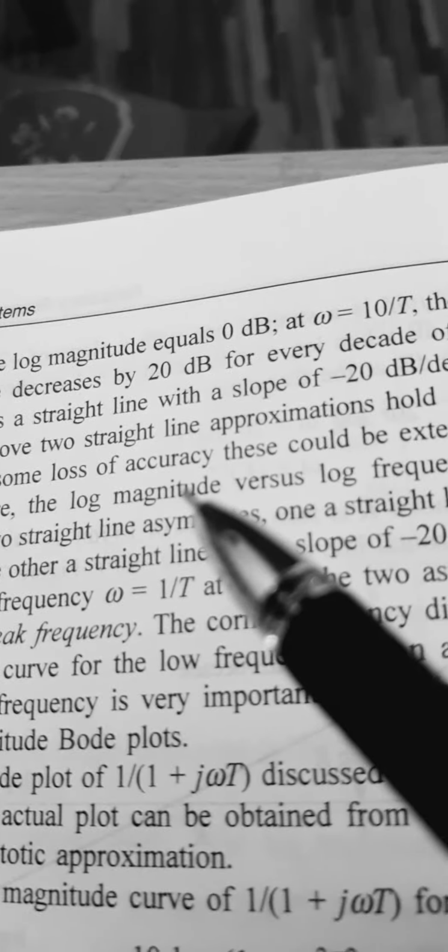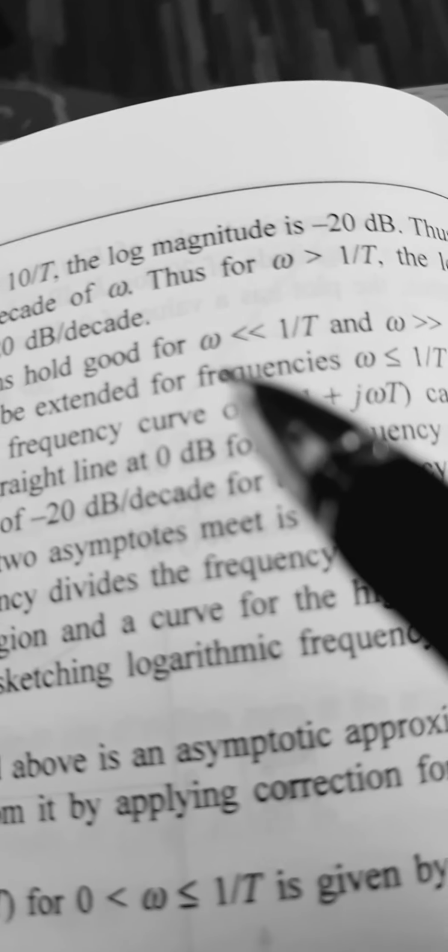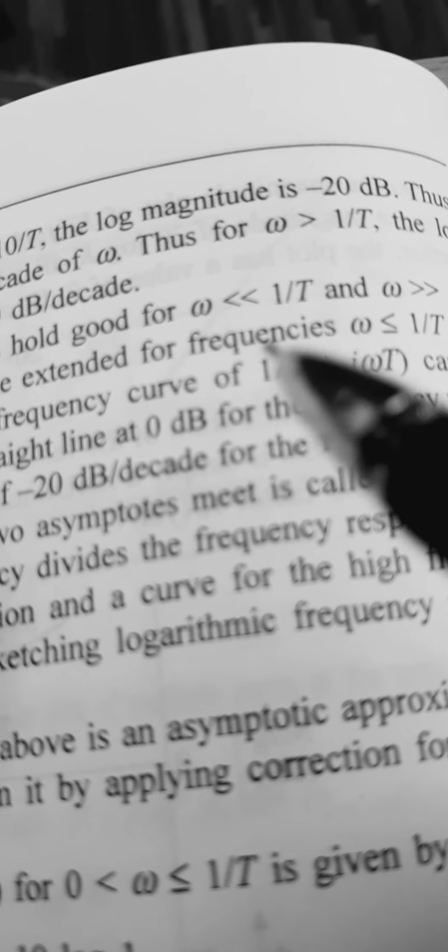The above two straight line approximations hold good for omega very much less than 1 by T and omega very much greater than 1 by T respectively.